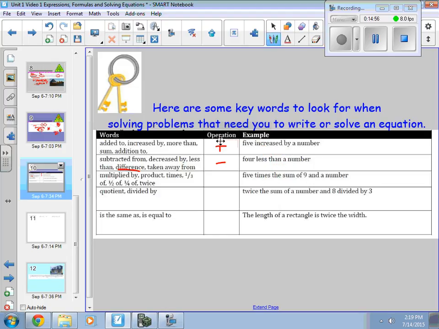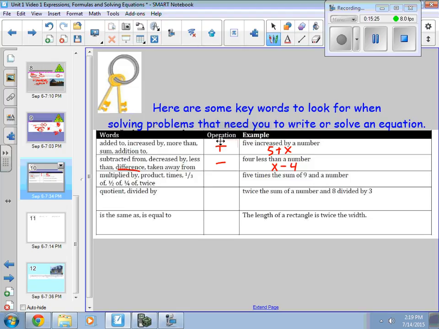On this one, when you are doing less than a number, if you take that away from it, the number is actually the bigger thing. So it would be x minus 4. An example here would be like if it said 4 less than a dollar. If you took 4 cents less than a dollar, you would take 4 pennies away and be left with 96 cents. So you got to make sure that the bigger thing comes first.